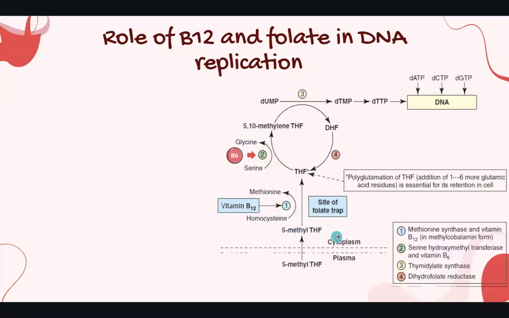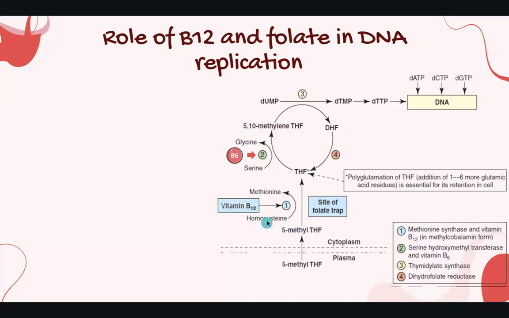It will get converted into tetrahydrofolate. How does this conversion happen? By the enzyme methionine synthase. Methionine synthase will take the methyl group from 5-methyl tetrahydrofolate and will give it to homocysteine. Homocysteine, after it takes this methyl group, will become methionine, okay?